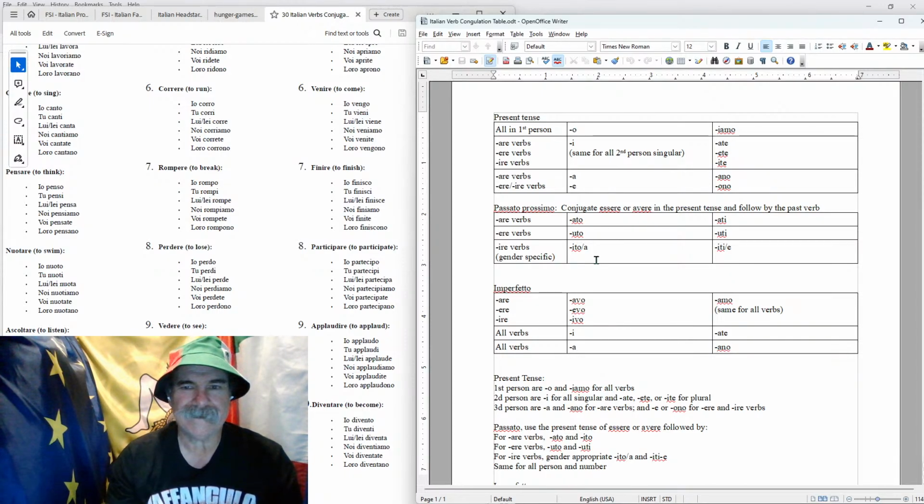Eventually, I will learn the ones that are essere, which I think are more like the action verbs. So I think correre would be an essere verb. But I have to actually look into that.